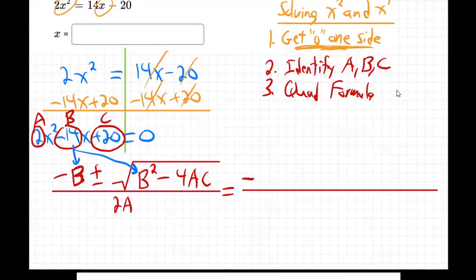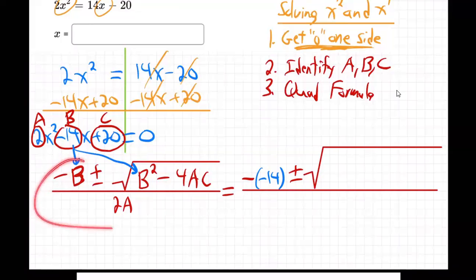We're going to get negative, and then I'm going to plug in B, which is negative 14. Double negative is going to become positive in a minute, isn't it? Everybody see that? That's a place where sometimes people mess up. They don't see the double negative part there. Everybody see what happened there? The formula has a negative sign built in.